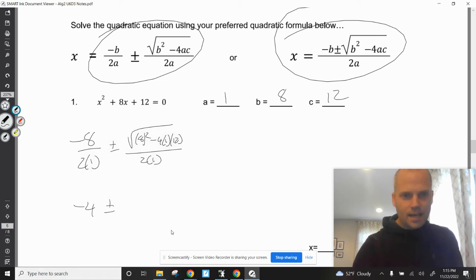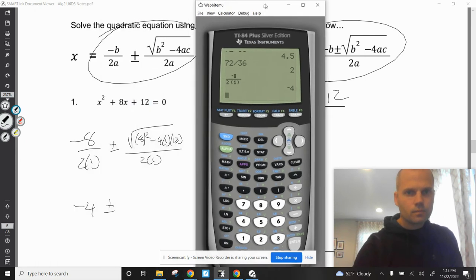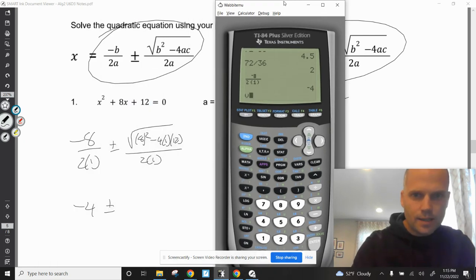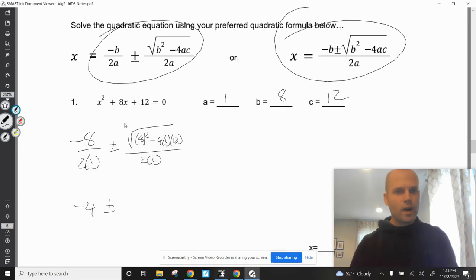Work inside the square root first. So let's do 8 squared minus 4 times 1 times 12. It's 16 over 2. So square root 16 over 2.